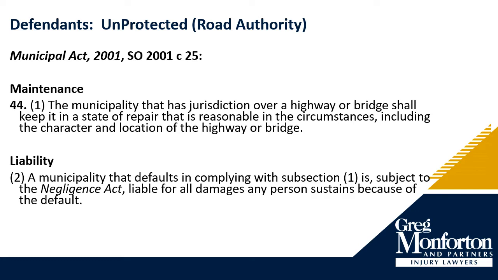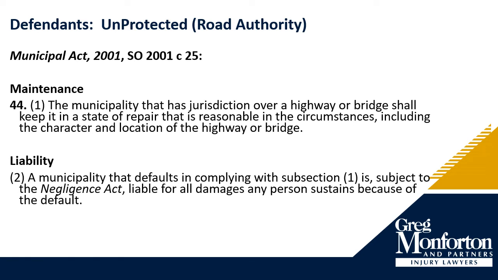Now, Section 44 of the Municipal Act imposes liability on a municipality if it fails to adhere to these obligations. So 44 subsection 1 indicates that the municipality has jurisdiction over a highway or bridge and shall keep it in a state of repair that is reasonable in the circumstances, including the character and location of the highway or bridge.